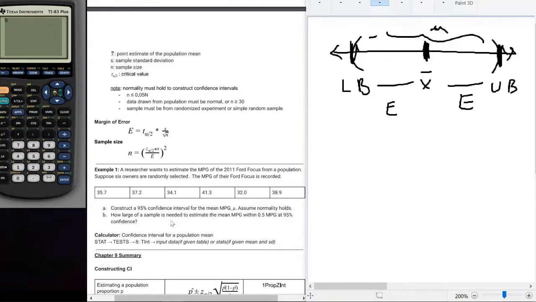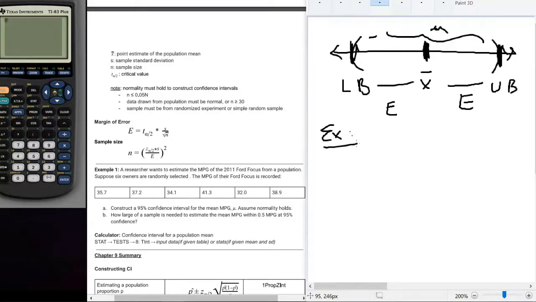Now, I want to look at example 1 part A to show how to construct a confidence interval for the mean. Okay, so let's look at this example. A researcher wants to estimate the miles per gallon for a 2011 Ford Focus from a population.